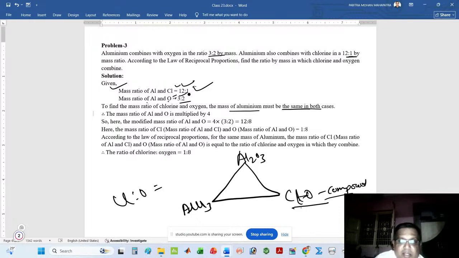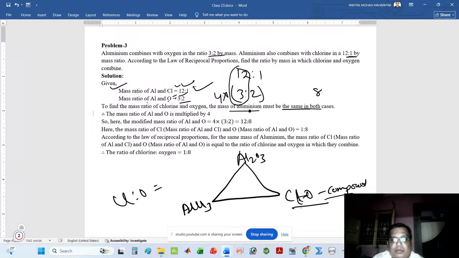As a result, look at that, here 12 is to 1 is given in the first case. In the second, 3 is to 2. How will the aluminum part be the same? If you multiply this ratio by 4, then if you multiply 2 by 4, that is 8. The weight of the oxygen will increase, but the aluminum will be the same as in case number 1.